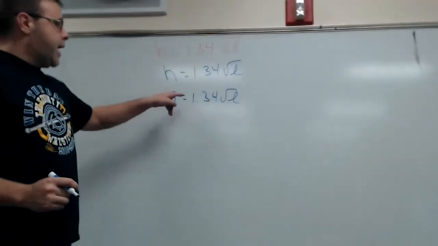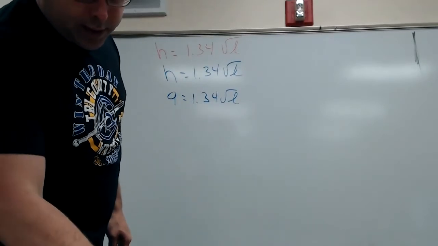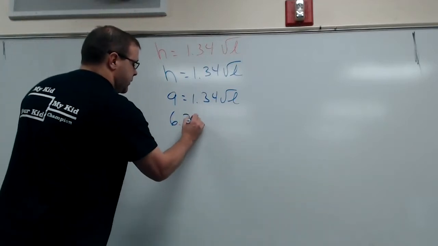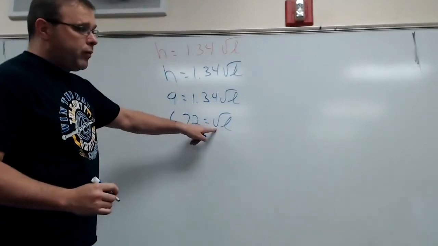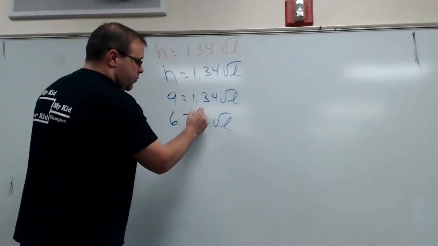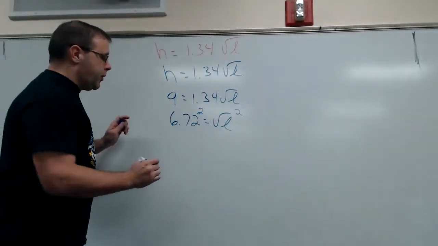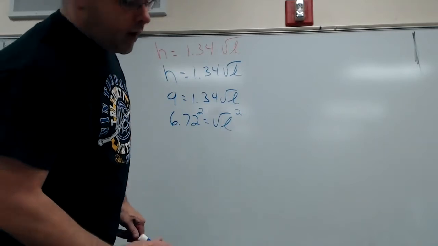So we're going to take 9 divided by 1.34, and that is 6.72 equals square root of L. And then to get rid of the square root, we're going to square both sides. Okay? So then we end up with 6.72 squared, which is going to be 45.16.